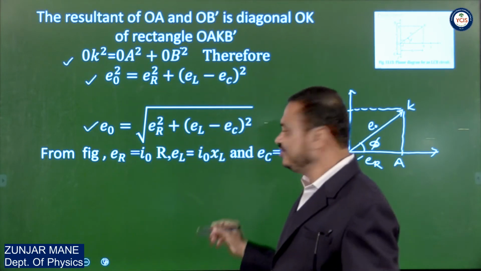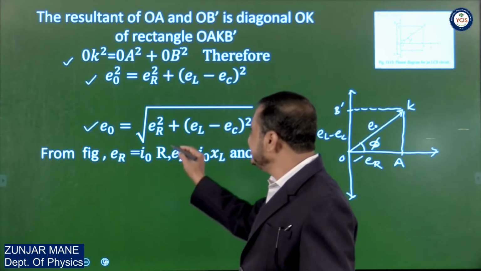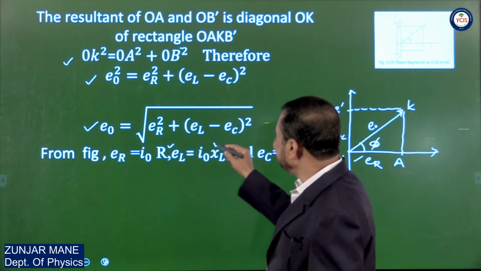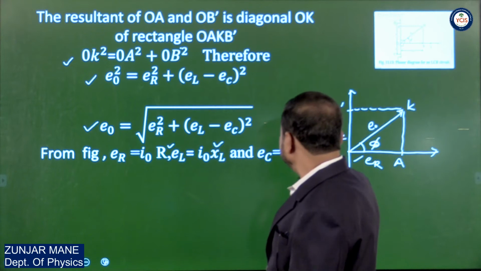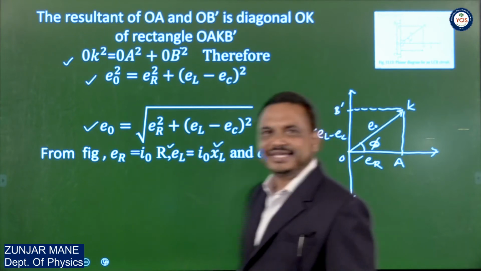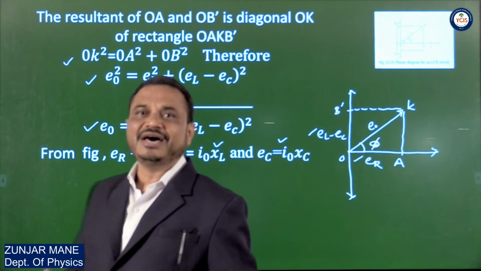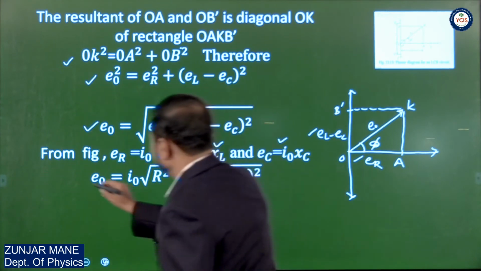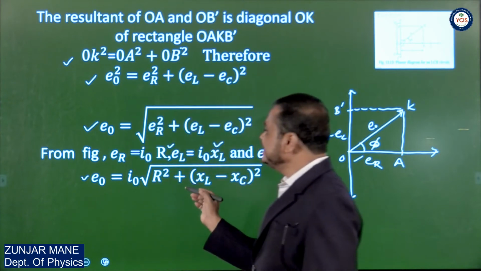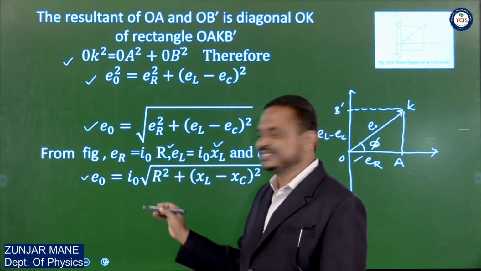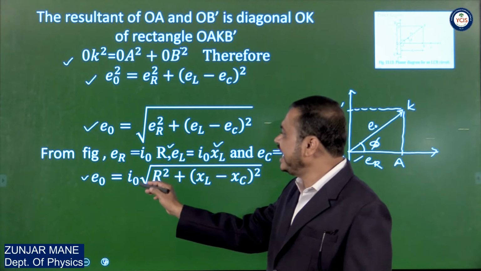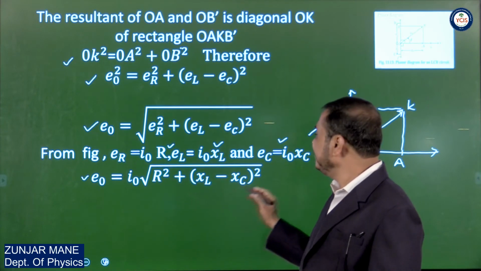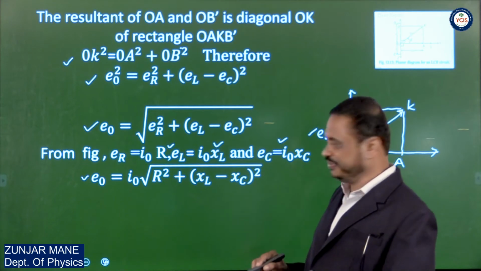But ER is equal to, by Ohm's law, I0 into R, because it has the same amplitude. EL is equal to I0 into XL, and EC is equal to I0 into XC. Now substitute the values of ER, EL and EC. Taking I0 outside the square root sign, we get E0 equal to I0 under root R square plus (XL minus XC) square.